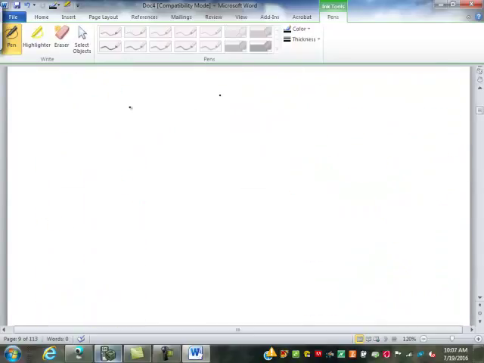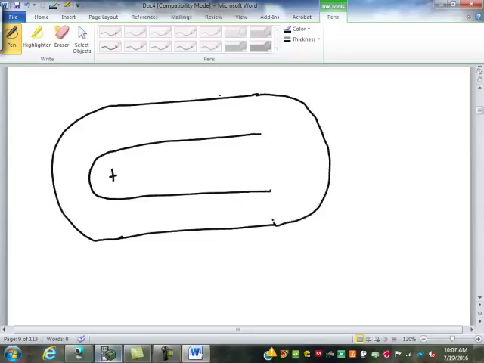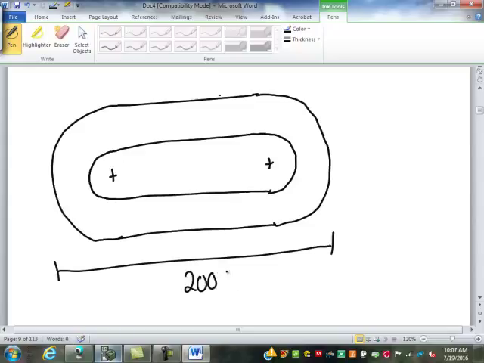So, I'm going to give you guys a problem to work on in your notes. What we have here is a track that is 200 feet long.